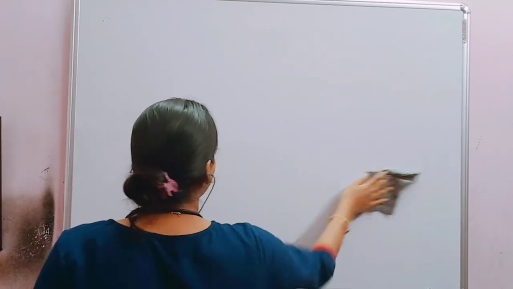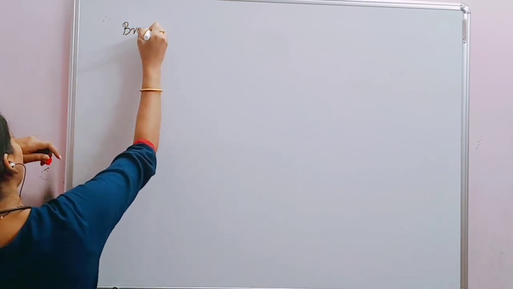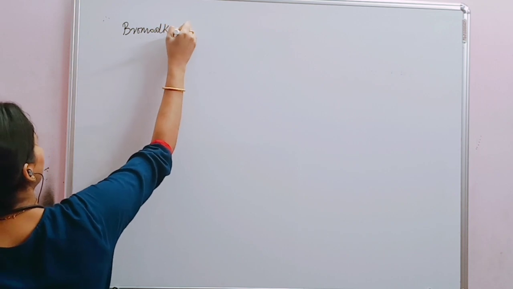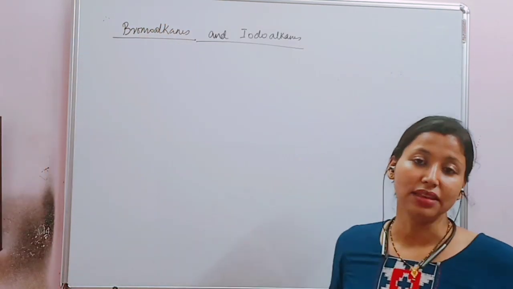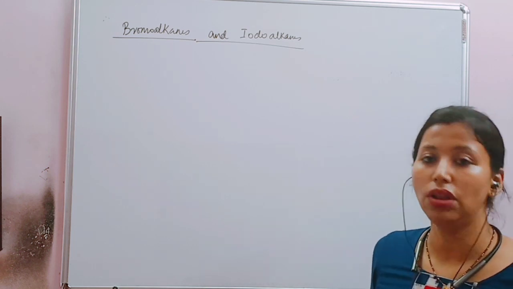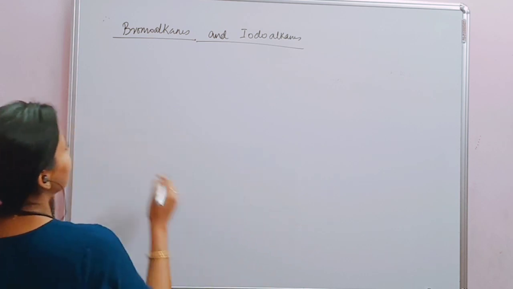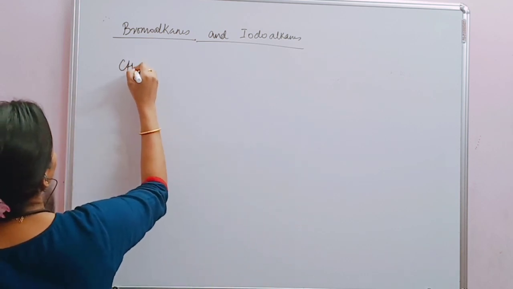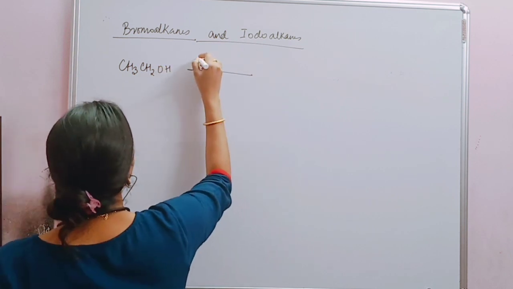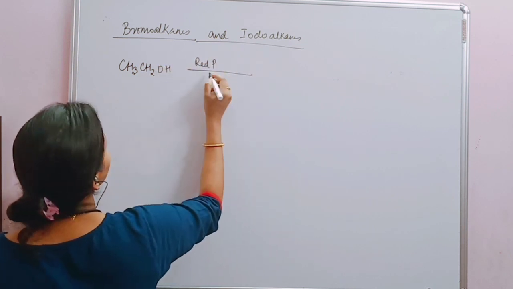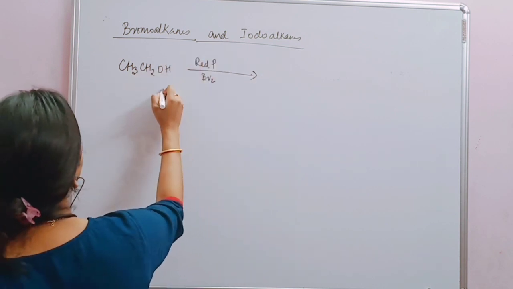Next is bromoalkanes. For bromoalkanes and iodoalkanes, we need to treat the alcohol with red phosphorus in presence of bromine and iodine. Let's take the example CH3CH2OH, red phosphorus in presence of Br2. This will actually give you PBr3.